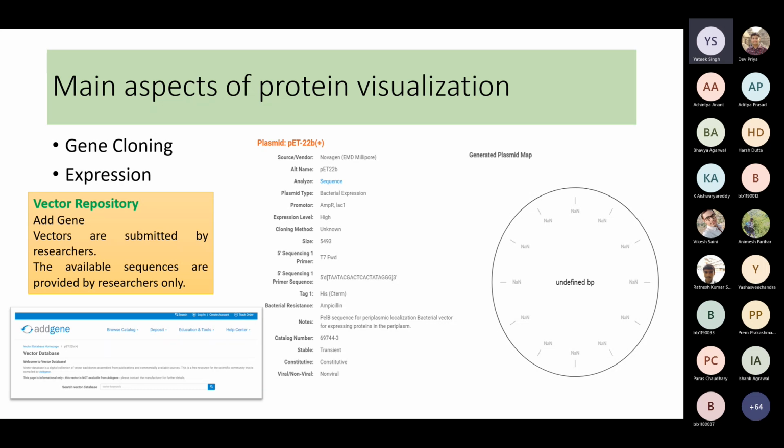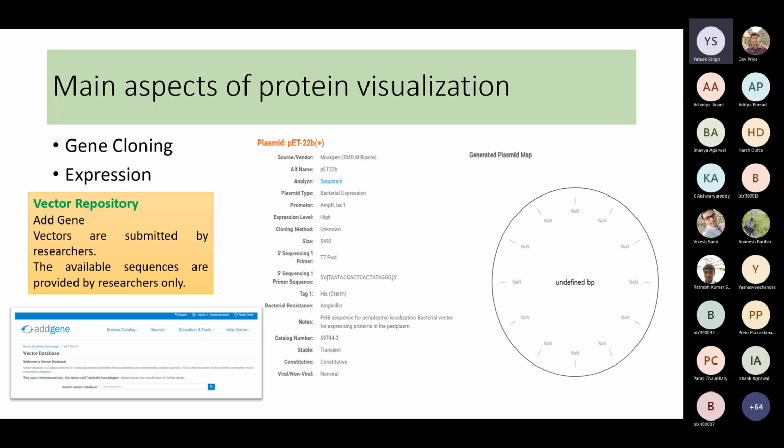Cloning has to be done, and how to do it was a challenge, because it is difficult to clone something in a complex organism like a human cell line, since there are two copies of each chromosome and two copies of each gene. So where do you clone it so that expression comes?